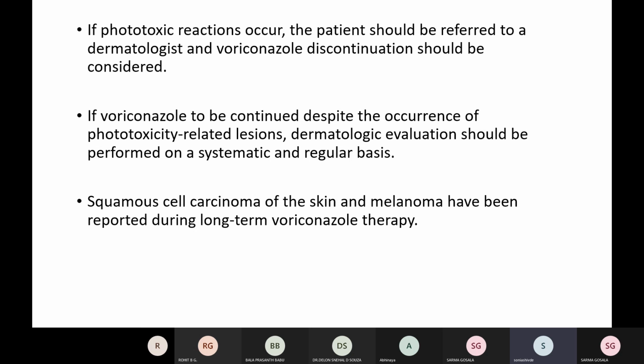If voriconazole is to be continued despite the occurrence of phototoxicity-related lesions, because it is the drug of choice and we don't have many other options, well, okay, go ahead, but dermatological evaluation should be performed on a systematic and regular basis. Squamous cell carcinoma of the skin and melanoma of the skin have been reported during long-term voriconazole therapy.